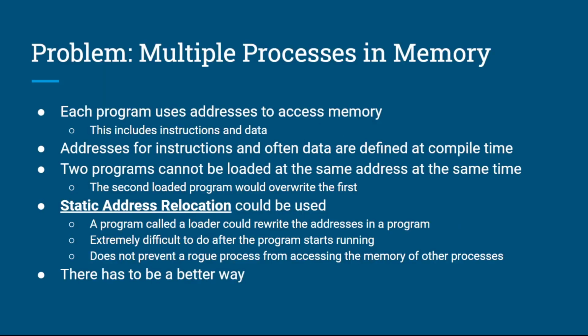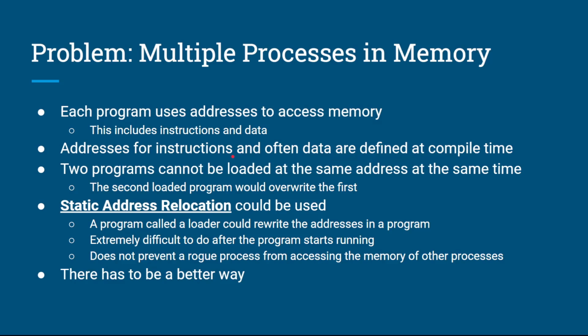So what we have here is a problem where we need memory address spaces for multiple processes. Each program will use these addresses to access memory, but the addresses are used by instructions that are created, and the addresses are defined at compile time.